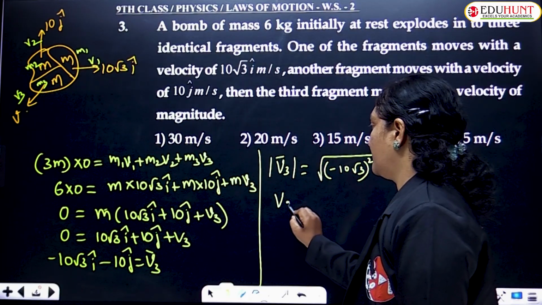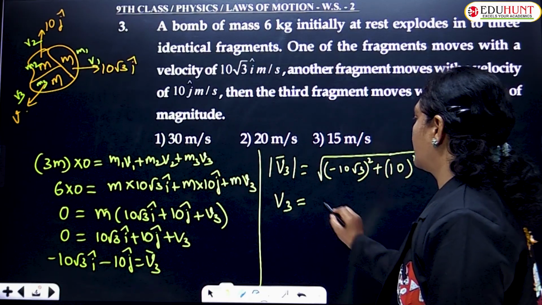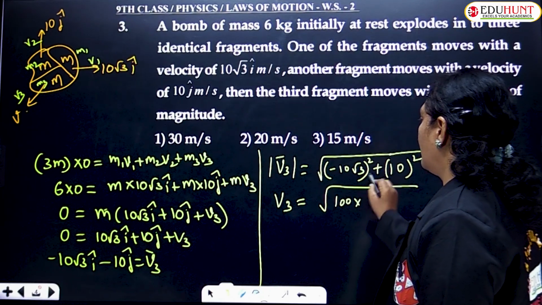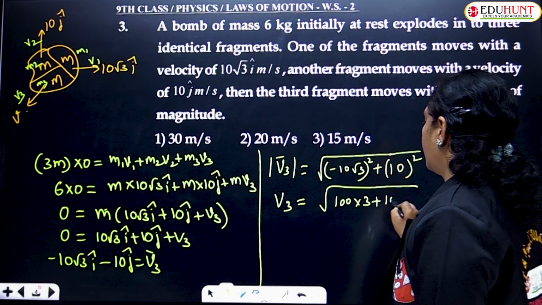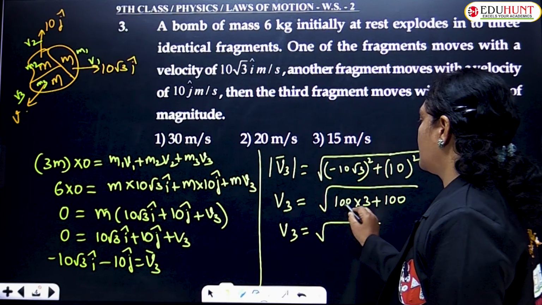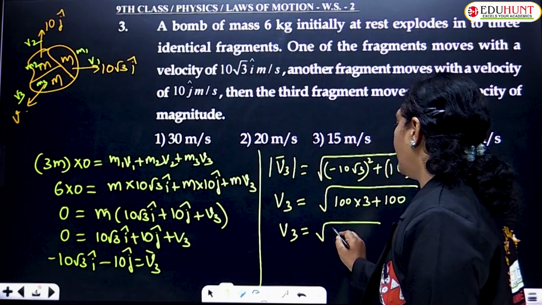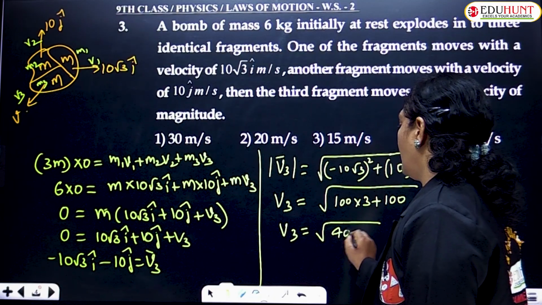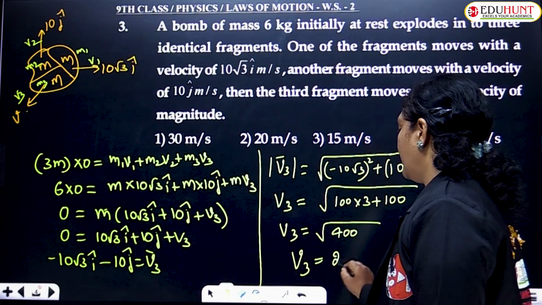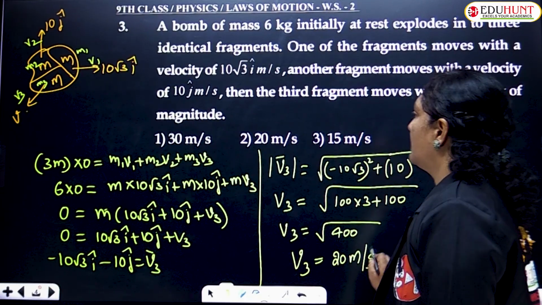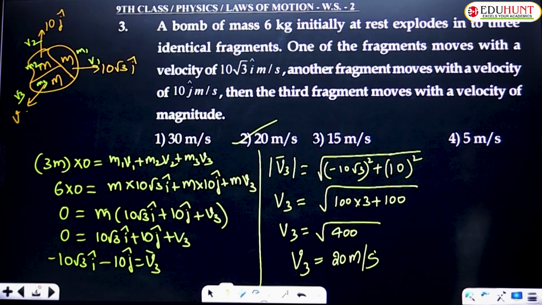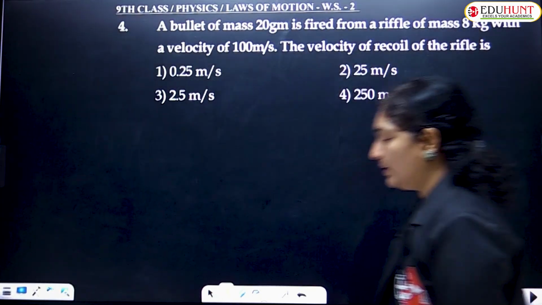Minus 10 whole square is 100, root 3 whole square is 3, and this is 100. Hence V3 is the root of 100 into 3 is 300, plus 100 is 400. Hence V3 is the square root of 400, which is 20 meter per second, and hence option number 2 must be true.